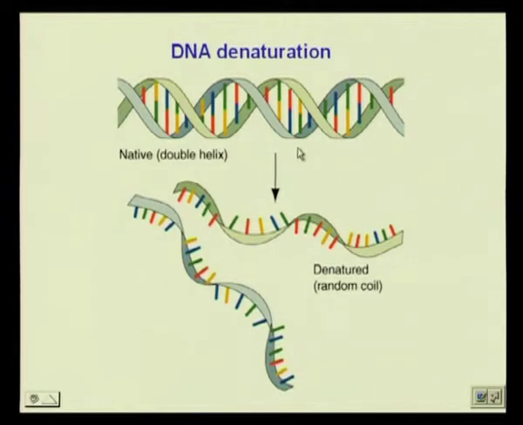So, this is exactly what is happening. You have a double helix, you are disrupting it, DNA denaturation, and you have a coil. So, this is helix to coil transition, okay, a dsDNA going to an ssDNA.